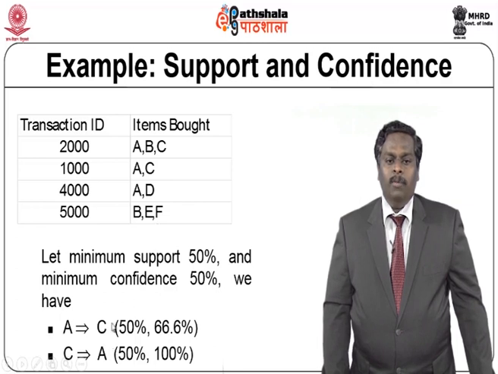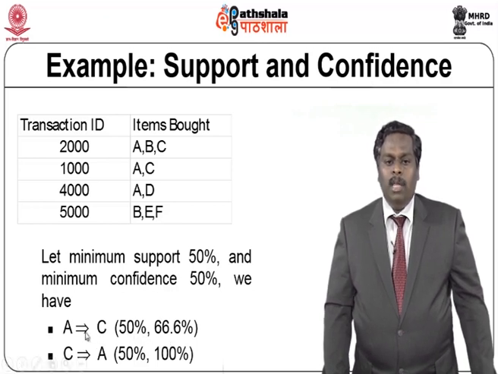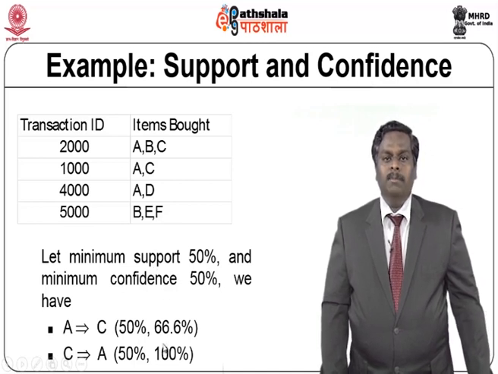The probability of A and C is 2 divided by 4, the probability of A is 3 divided by 4. So 2 divided by 4, the whole divided by 3 divided by 4, is equal to 66.66%. So the support for the given rule is 50% and the confidence for the given rule is 66.66%.